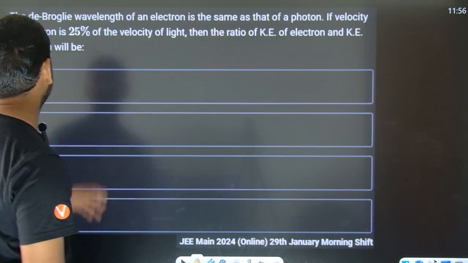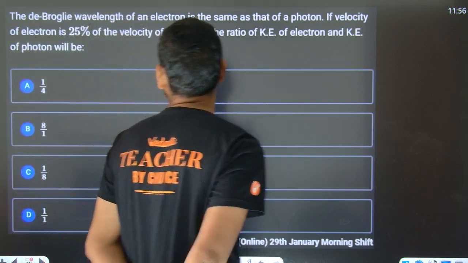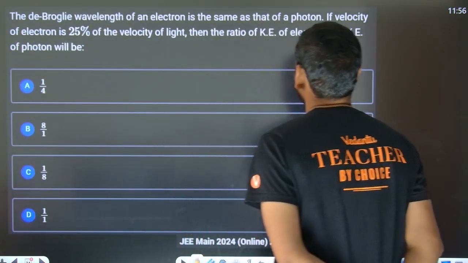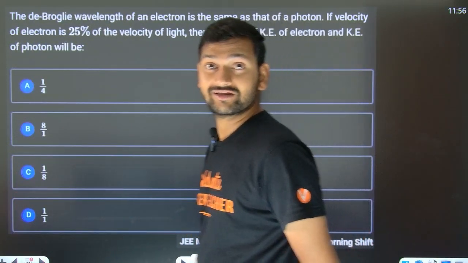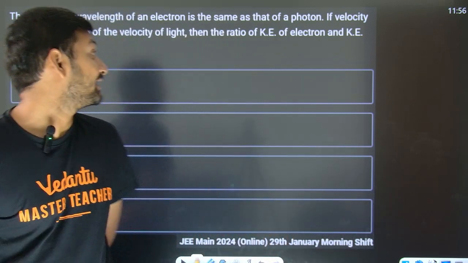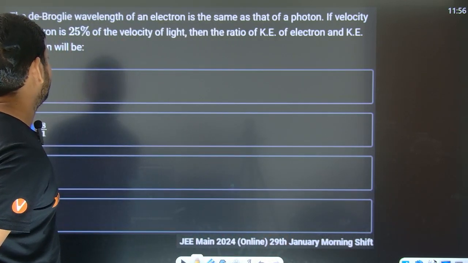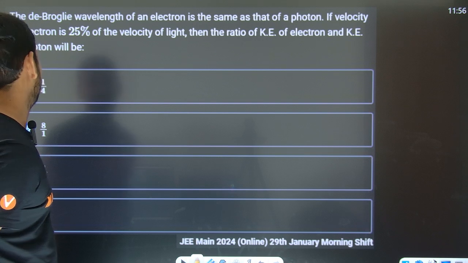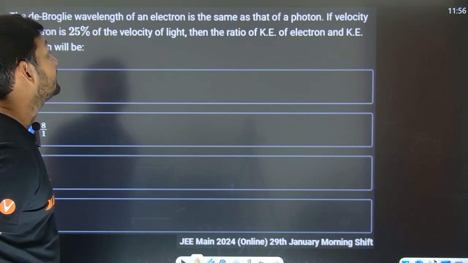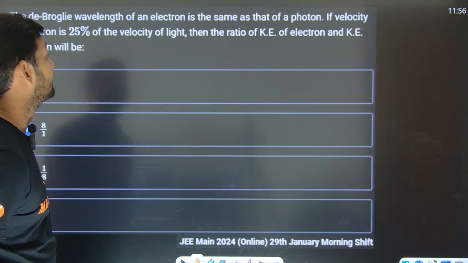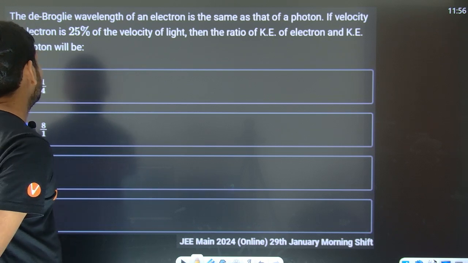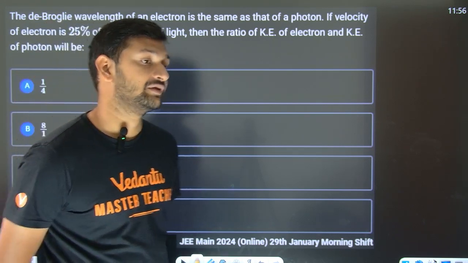Okay. Next, de Broglie wavelength of an electron is same as that of a photon. If the velocity of electron is 25% of the velocity of light, the ratio of kinetic energy of electron to the kinetic energy of photon will be?